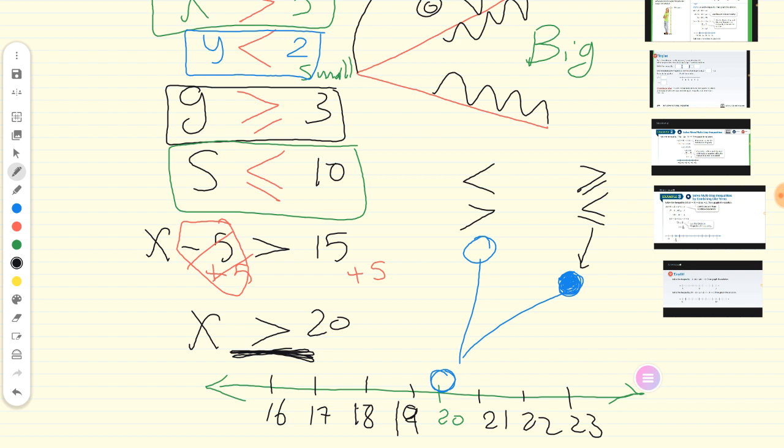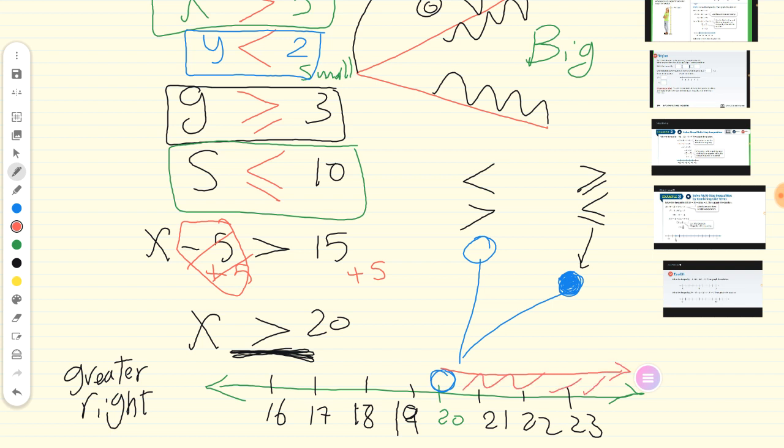Okay? And x is greater than, so greater goes right, less goes left. X here is greater than, so we'll go to the right-hand side. This is the equation.